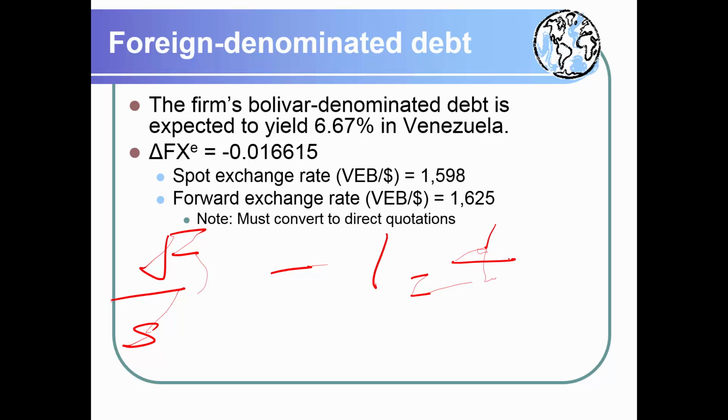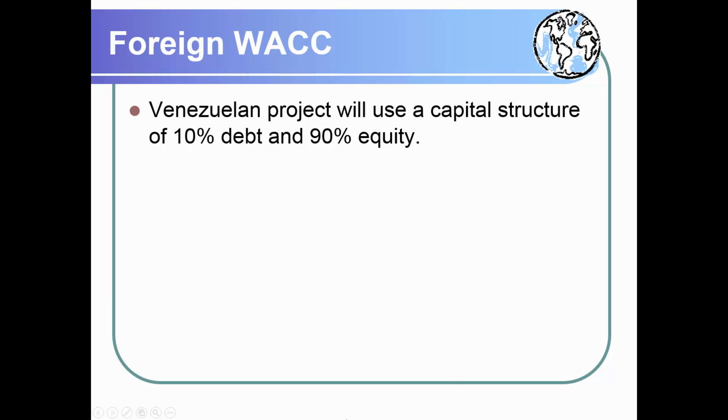So that is going to be 1 over 1625 divided by 1 over 1598 minus 1. Okay, so that is what we want to be careful about when we do this exercise.